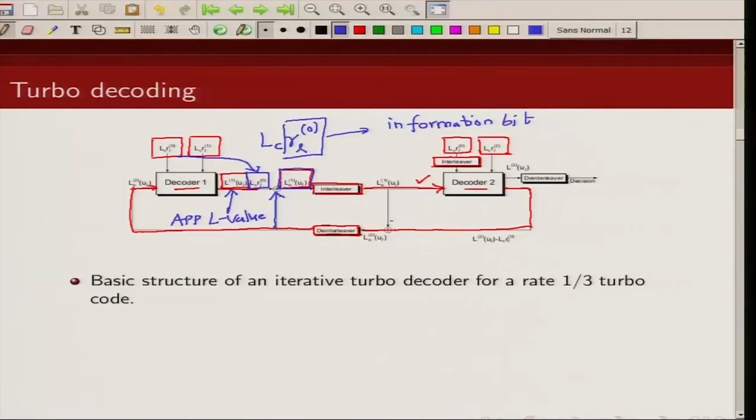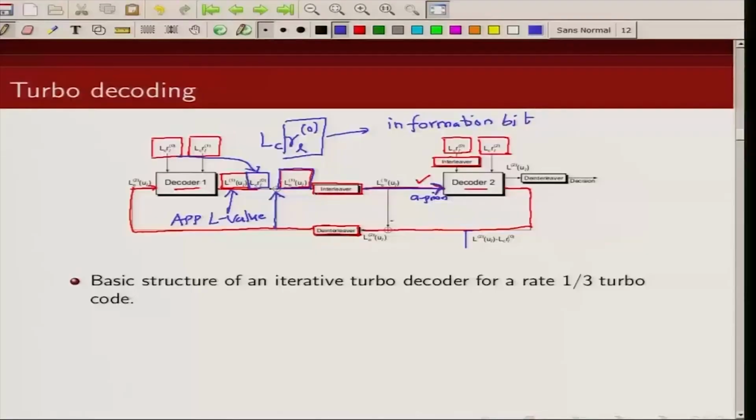What is left is extrinsic information, and this information, as I said, is interleaved, because the order of the information bits in the second decoder is an interleaved version of the order of bits in decoder 1. So, I interleave it and feed this as a priori information. So, this is how I compute the extrinsic information for decoder 1.